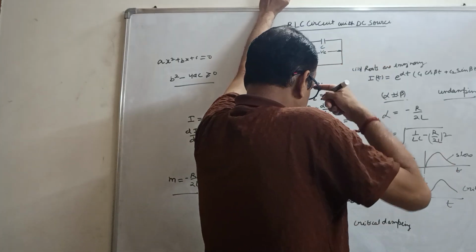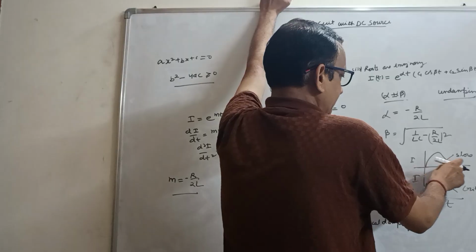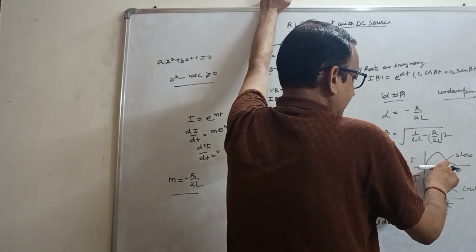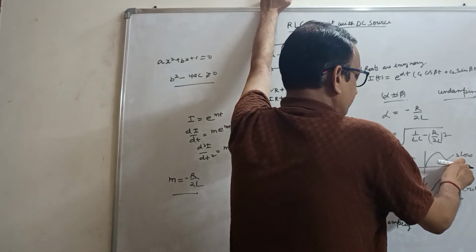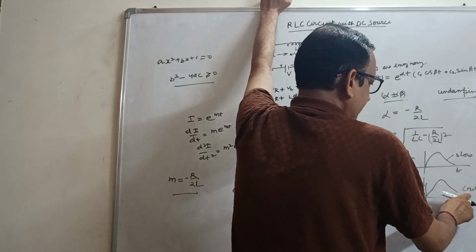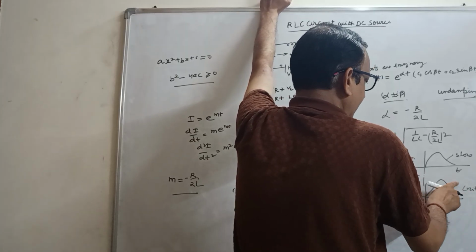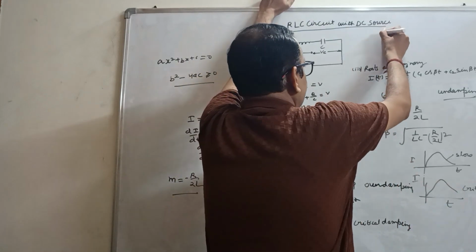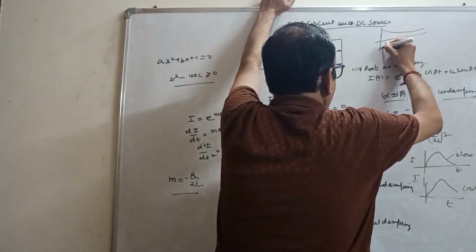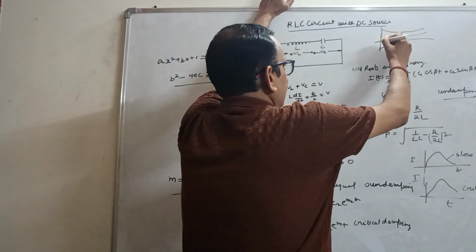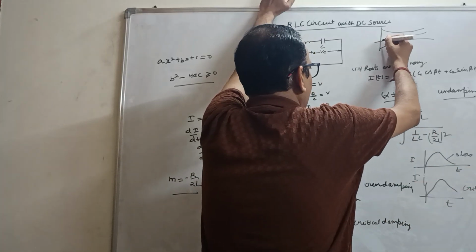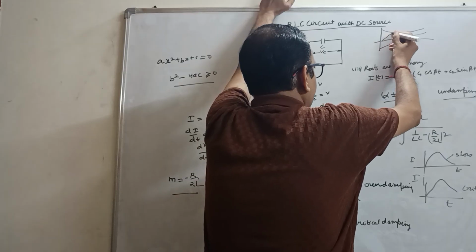In over damping, the system reaches the equilibrium position very slowly. In critical damping, the system reaches the equilibrium position very fast, at once. And this is the situation of under damping.